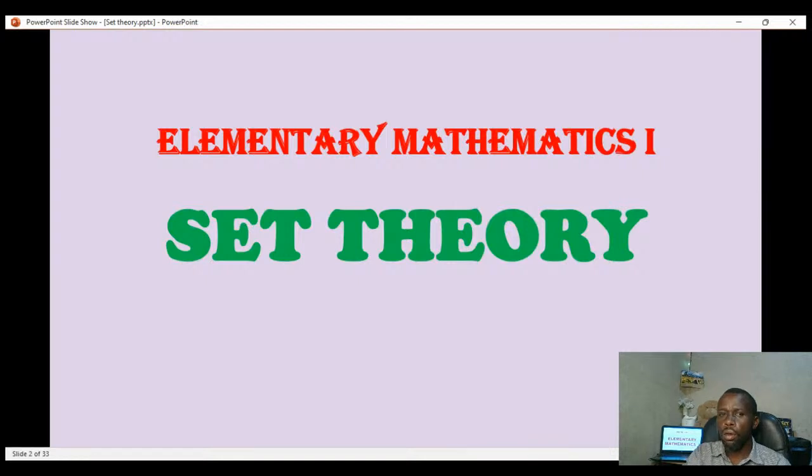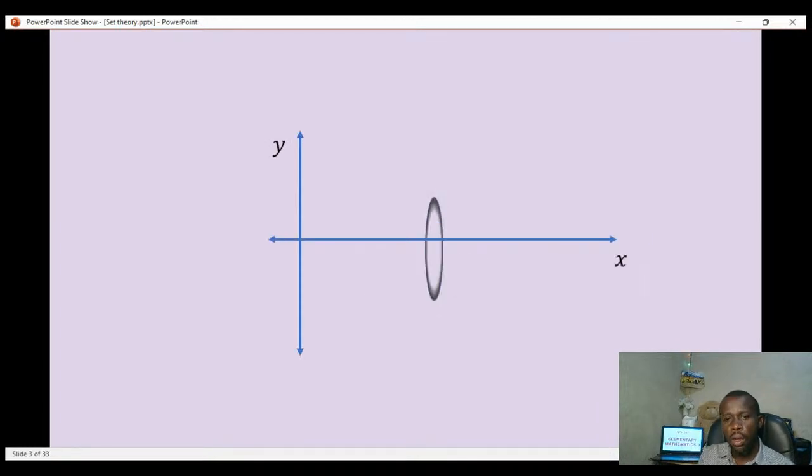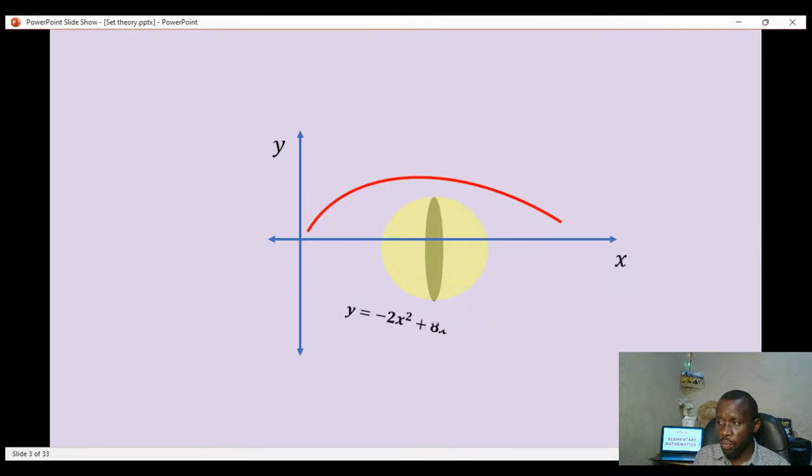Okay, so we are going to look at elementary mathematics, which is the set theory in elementary mathematics. My name is Babarin Saolaiwala. I'm here to make mathematics as understandable as possible.